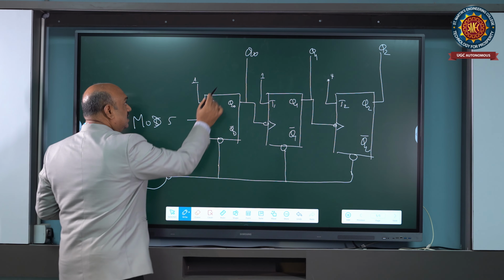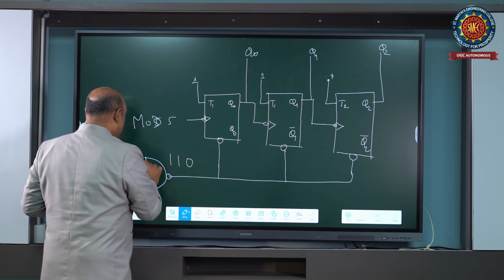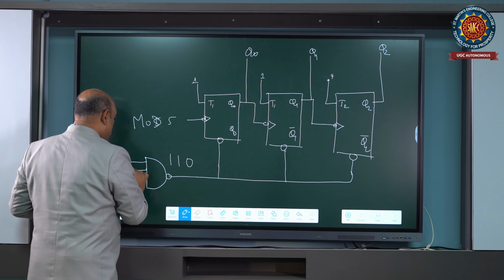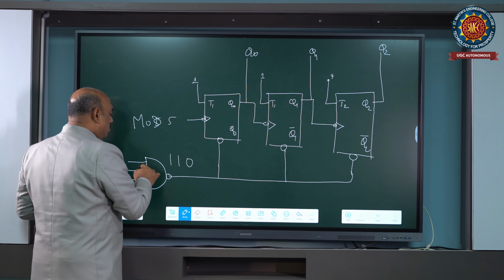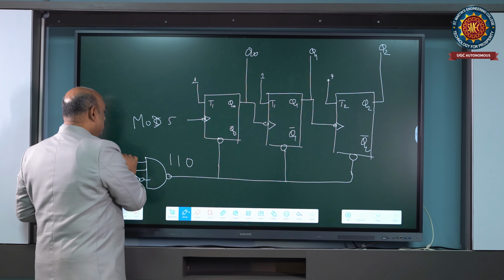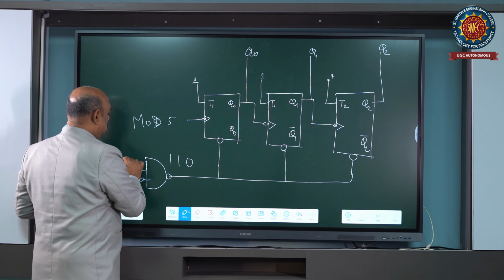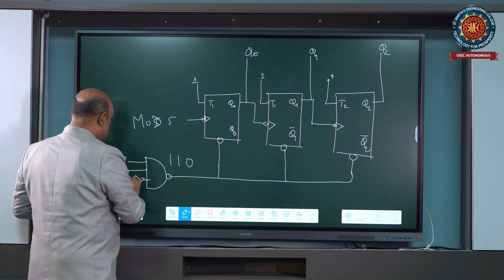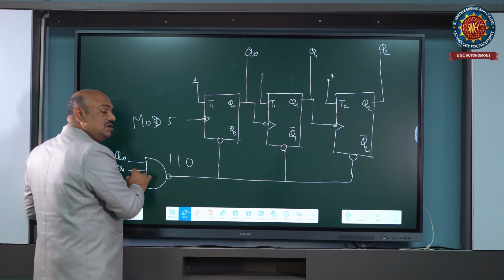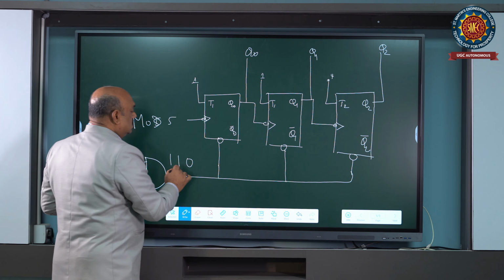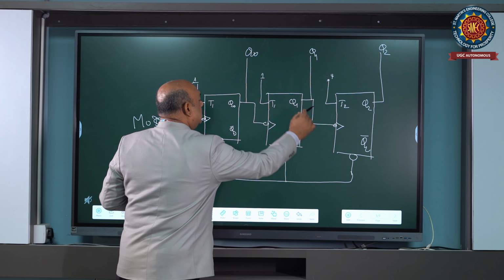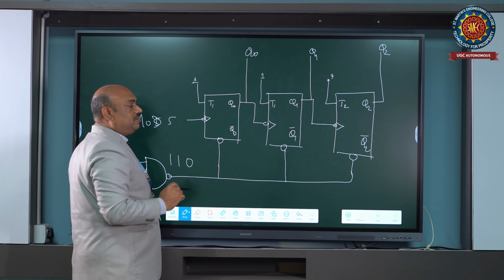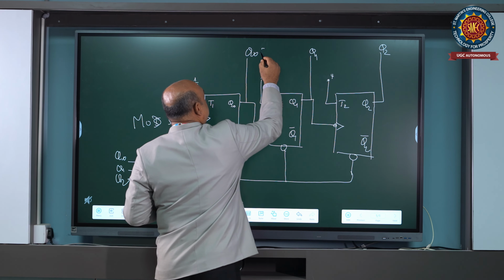The 110 output is connected to this NAND gate, with the zero output passed through a NOT gate, so all the inputs to the NAND gate are 1. Whenever 110 comes, this NAND gate gives the clear input to all the flip-flops and the output becomes 0.